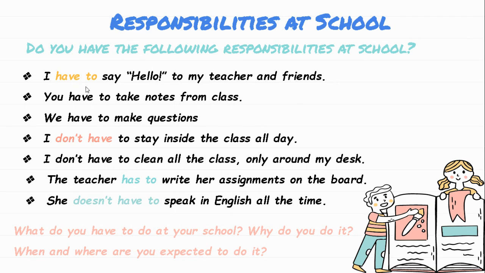I have to in affirmative form, and I don't have to in negative. And here we're using I, you, we. I didn't make an example of they, but they all use have to. I have to say, I have to take notes. I have to ask questions. So you can see we use have to before the verb.